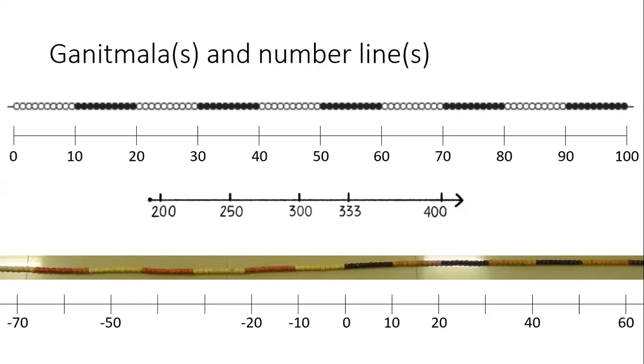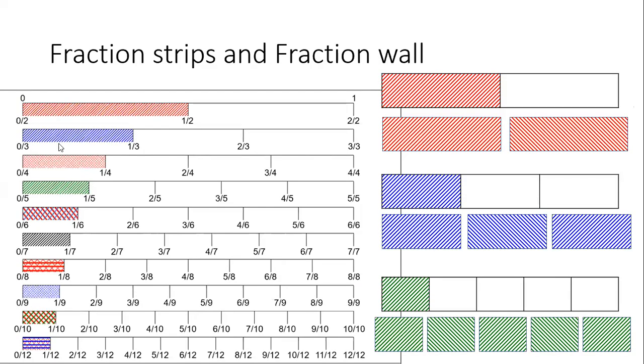This is fraction strips. You can see the fraction wall on the left, and you can see how there is a number line in each line. Fraction wall after all is a static picture. You can't move things around. So that is why the fraction strips on the right are of two kinds.